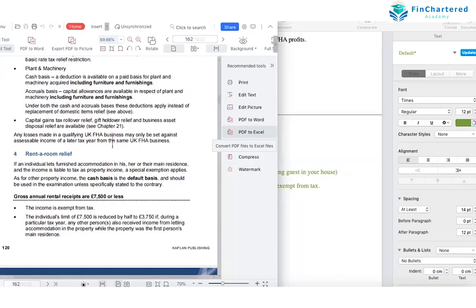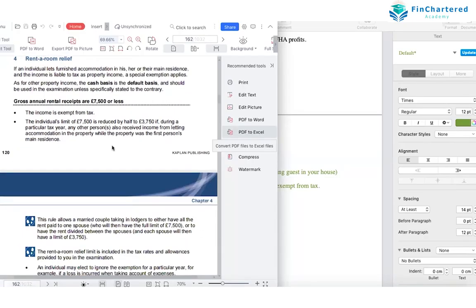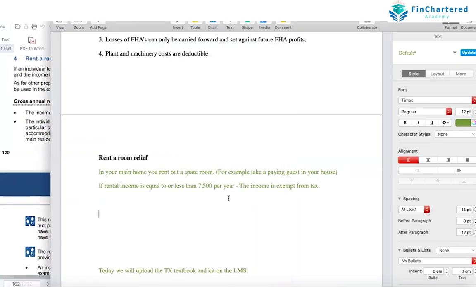Now, for married couples, this rule allows married couples taking in lodgers to either have all the rent paid to one spouse, who will then have the full limit of 7,500, or have the rent divided between the two spouses, and each spouse will have a limit of 3,750. So this is for married couples basically. Maybe they own the property together, right?